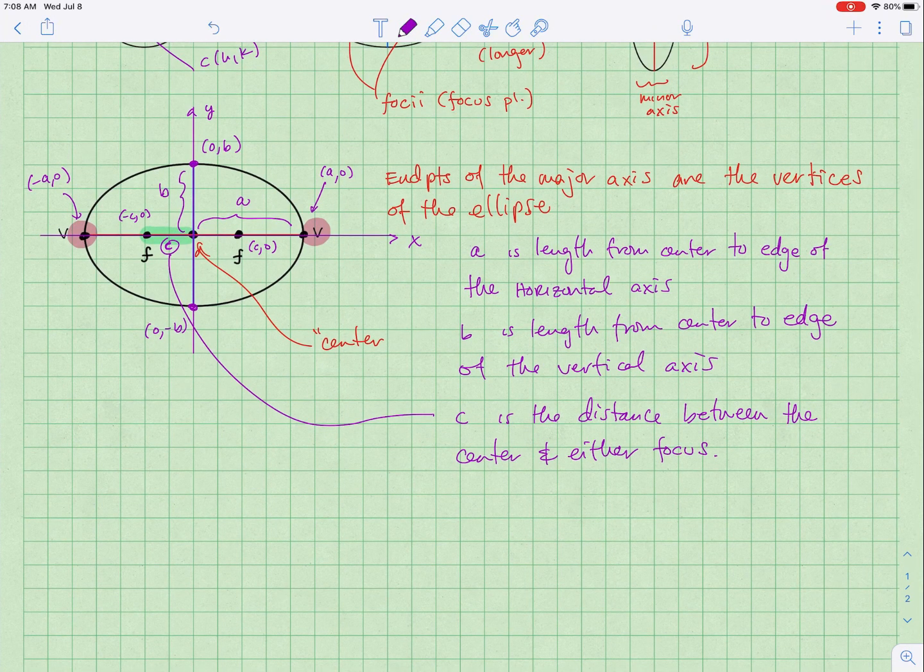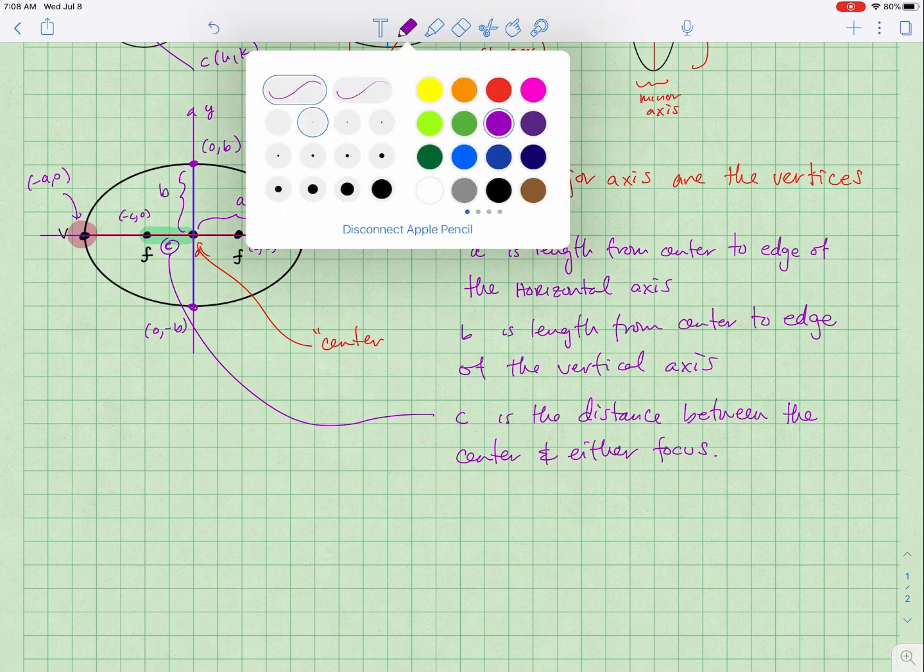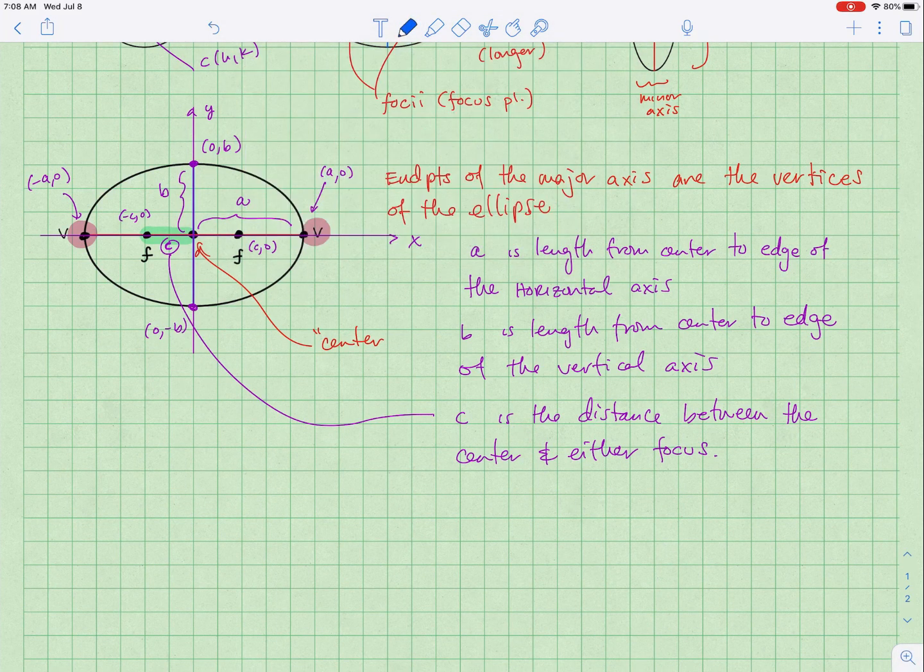One other thing that we're going to be using to help us construct this is what I call the box. And that is the rectangular box that surrounds this ellipse and is tangent at the extreme points. Here is the enclosing box with the vertex.